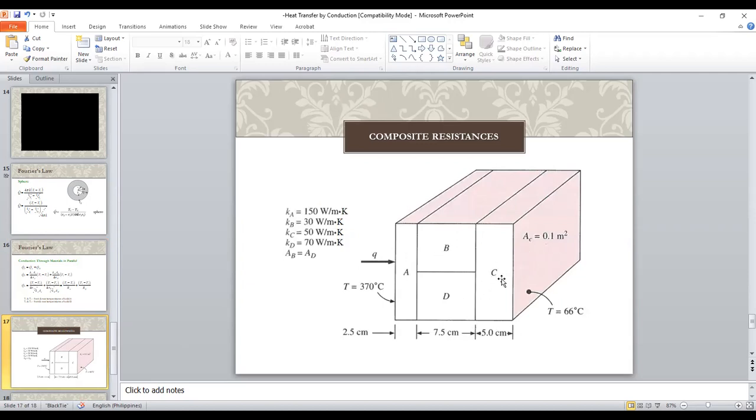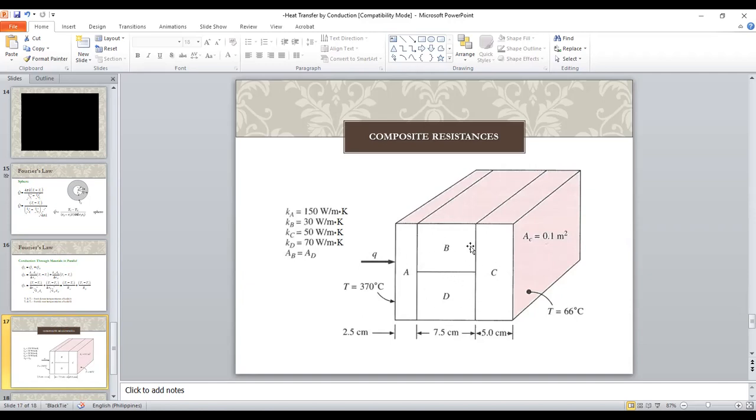Actually, A, B, C are in series, or shall I say A, D, C are also in series. But the other challenge here is that your middlemost composite material is made of two resistances in parallel. If this had been only A, B, C without the D, we wouldn't have another topic to discuss here because it's just a series of resistances.